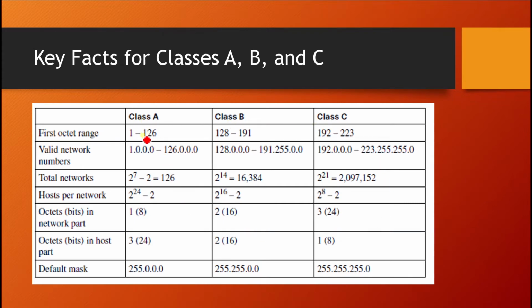You can see class A we use from 1 to 126, 127 is not there, then 128 to 191, then 192 to 223.